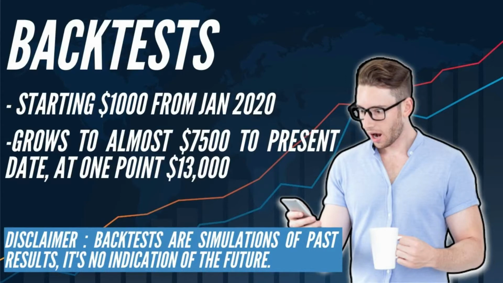But you can see from the shape of the equity growth, it's been going up for the first 6 months. Now, of course, you can change the risk parameters, so you can lower it to get less risk, but that also means less profit.